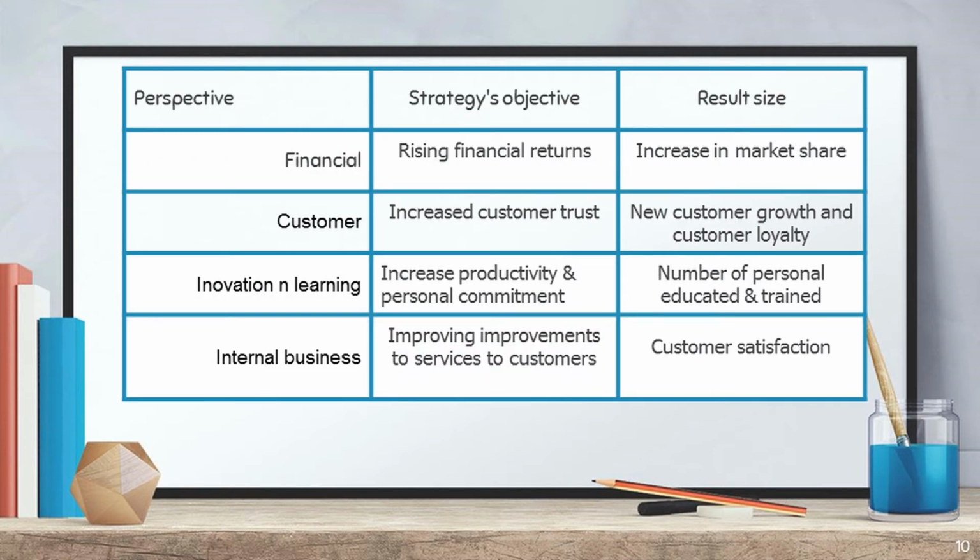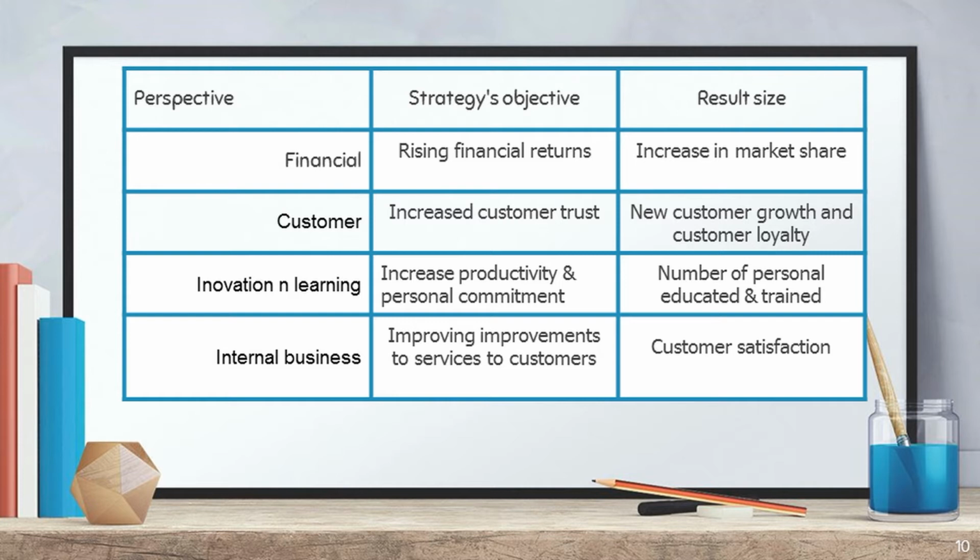In the table is an example of metrics in balanced scorecard. Actually, in balanced scorecard, we make a matrix for every perspective. Like financial has its own metric, and so do customer, innovation and learning, and internal business. But for the example, we made them in one matrix.